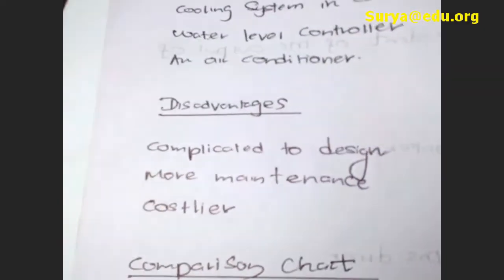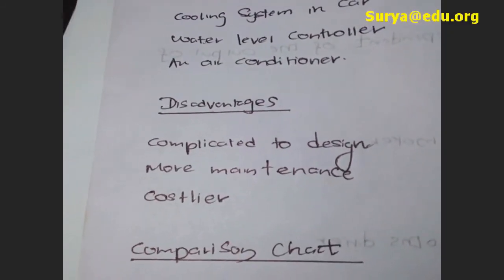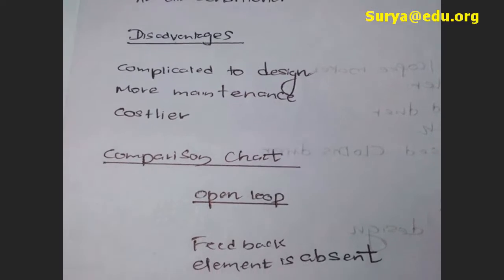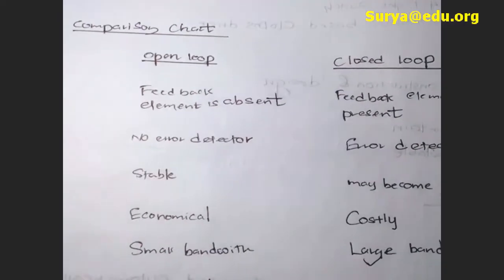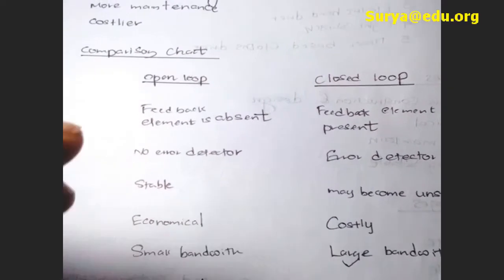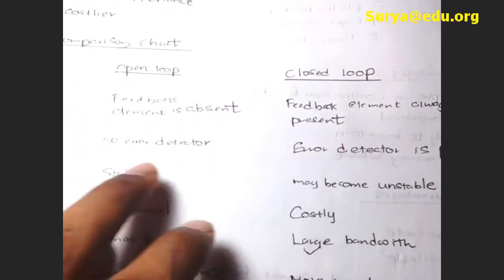Then disadvantages: complicated to design, more maintenance, and costlier, highly costlier. Then I have gone to the comparison chart: open loop type, closed loop type. In open loop type, feedback element is not there, in closed loop type feedback element is there.